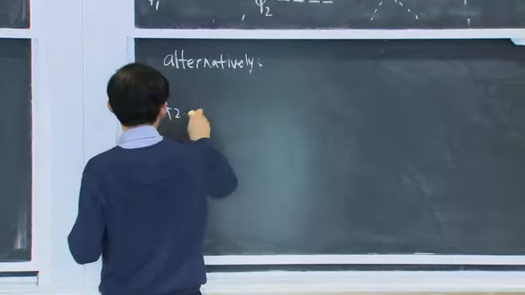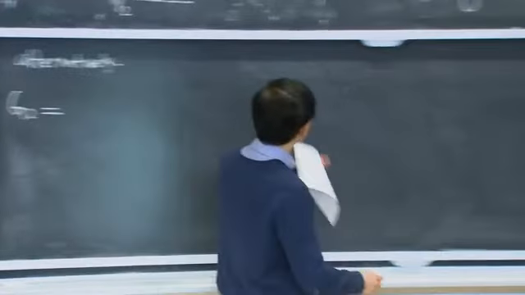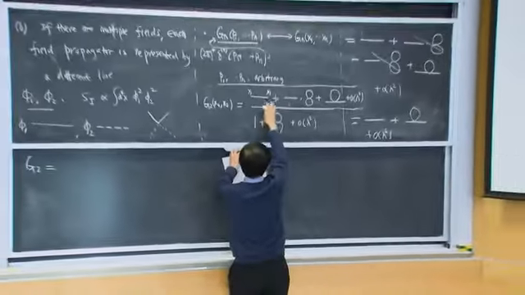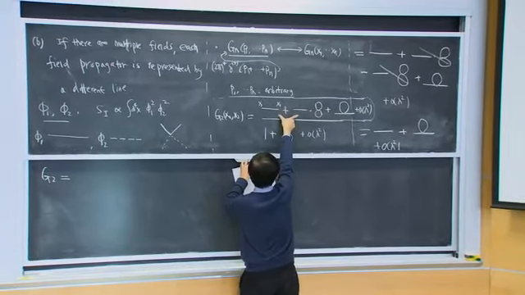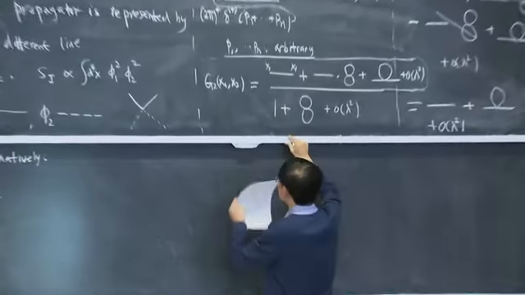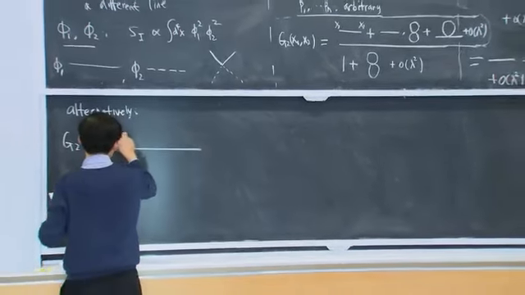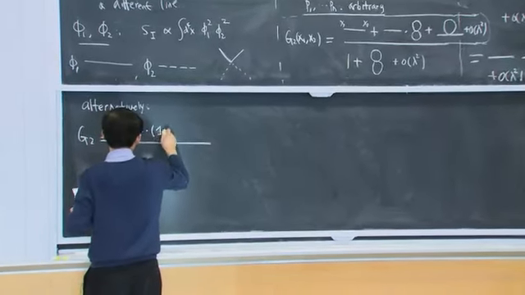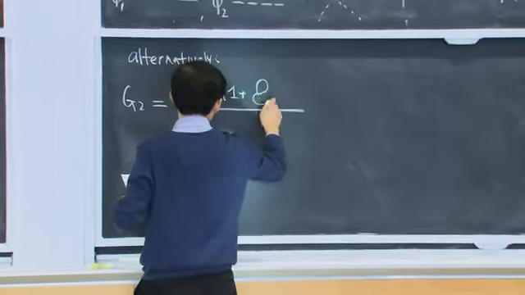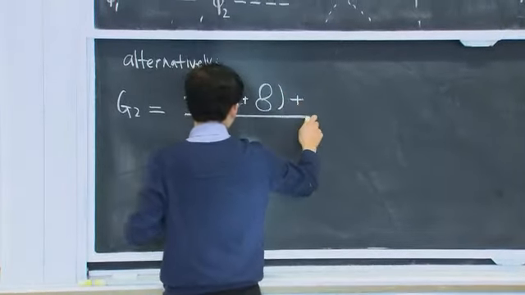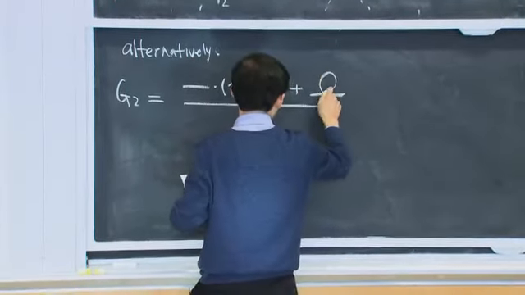I can also write G2. So we look at these two terms. We can just take a common factor out. The upstairs, the first two terms, I can also write as this times one plus this thing, and then plus lambda squared terms.